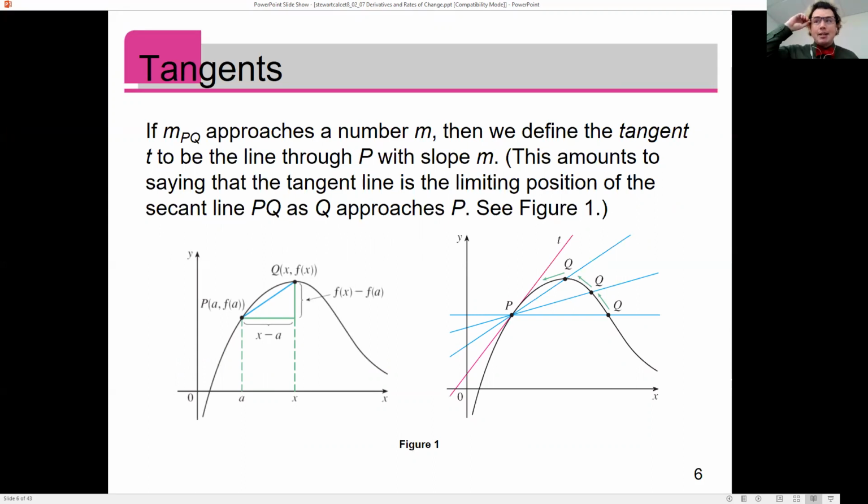Secant is a bit of geometry vocab. All that I'm doing is taking two different points on the curve, drawing a line between them, and calculating the slope. The thing that I actually want is called the tangent line. So this slide is saying that the tangent line is the limiting position of the secant line PQ as Q approaches P.